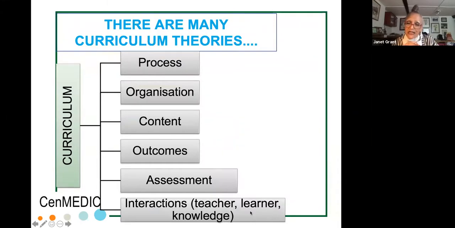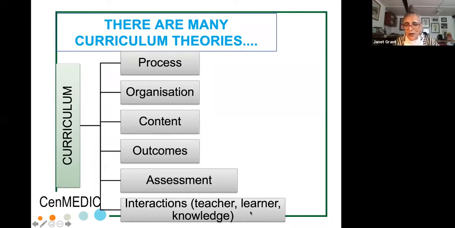There are lots and lots and lots of curriculum theories. Sometimes when I read medical education journals or attend conferences, you'd think there was only one. You would think that there was Kern and nothing else.